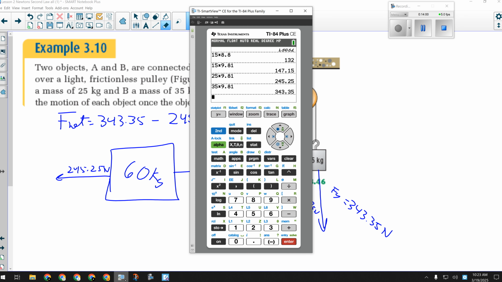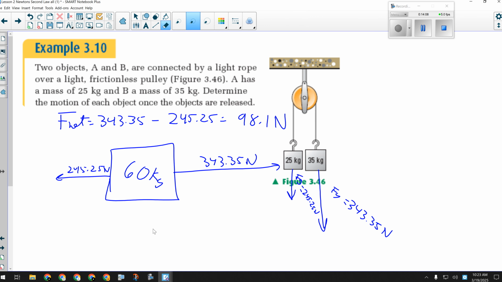Could be wrong. But no, okay, 98.1 newtons. So now I've got the net force, 98.1 newtons. Now I didn't put a direction on that, but that is the net force. Now what do I do? I want to find the acceleration.